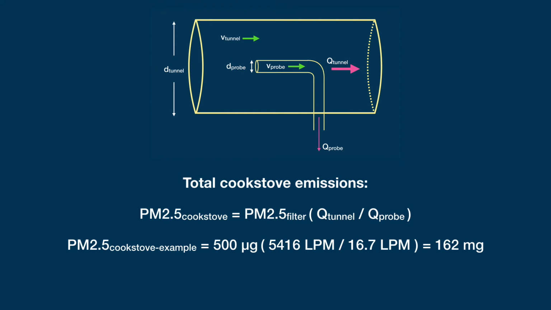Total PM2.5 mass emissions from the cookstove is simply PM2.5 mass on the filter multiplied by the ratio of average dilution tunnel flow and gravimetric system flow during the test. Rearranging this equation, you can estimate total aerosol deposited on your filter for a given total cookstove emission per test phase. As discussed previously, you can use this estimate to select the appropriate filter diameter for your lab.